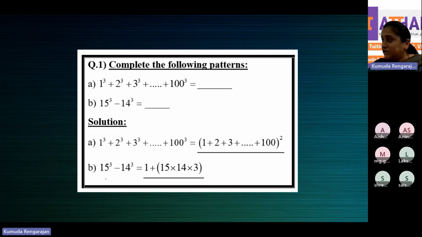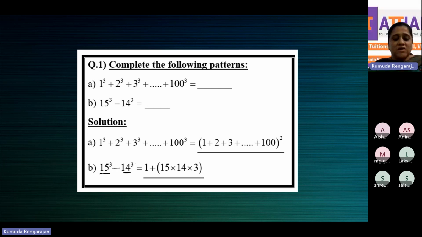So when you have a pattern like 15 cubed minus 14 cubed, what can you say about 15 and 14? They're consecutive numbers. 15 comes after 14. Now, this minus means difference, and 15 cubed, 14 cubed are cubes of the numbers.